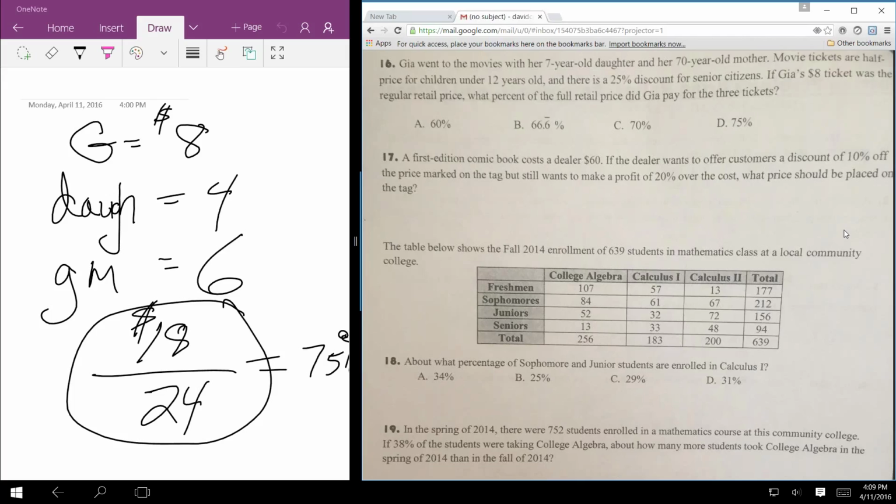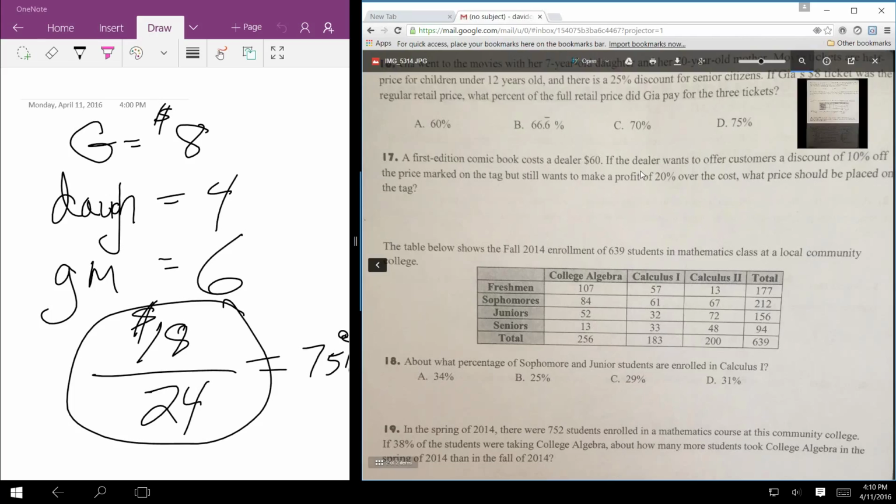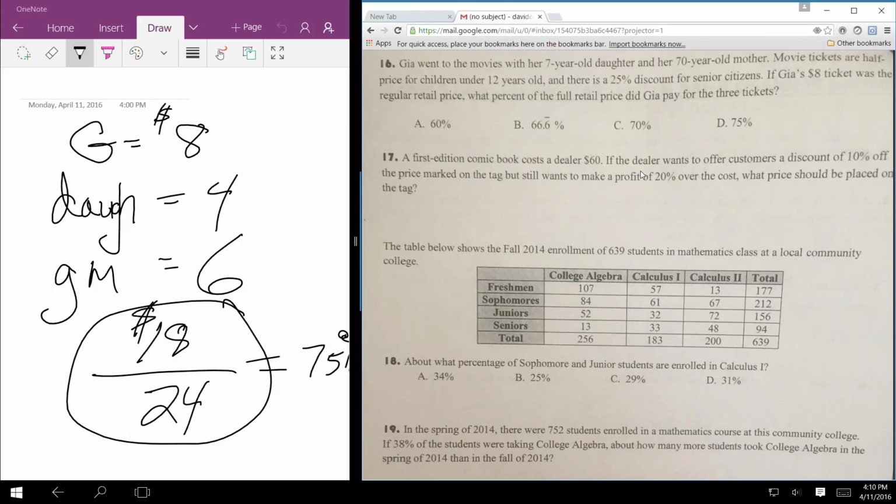Notice that I didn't do that on this problem. I just kind of worked through it, knowing that what they want is how much did she pay for 3 tickets divided by how much would 3 tickets have cost if there were no discounts. That's what they're asking. And so that's all I had to do.